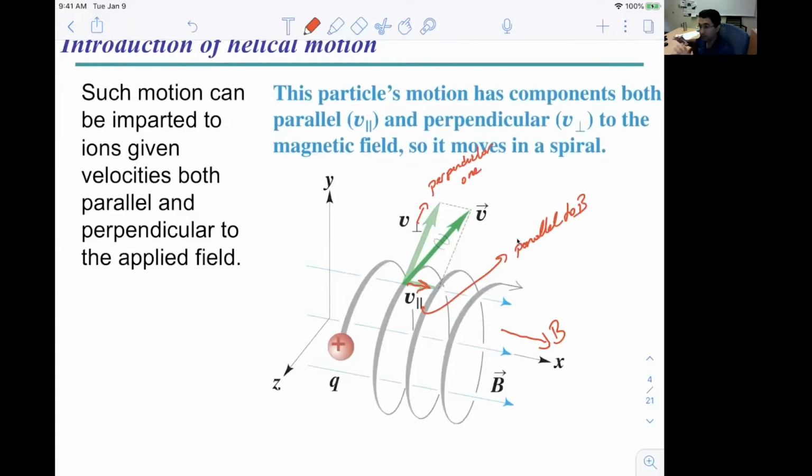This perpendicular velocity is what you see changing direction, but the V parallel is not going to change because there is no force along that way. So the particle is going to do the cyclotron motion perpendicular to B, and it will propagate with the parallel velocity.